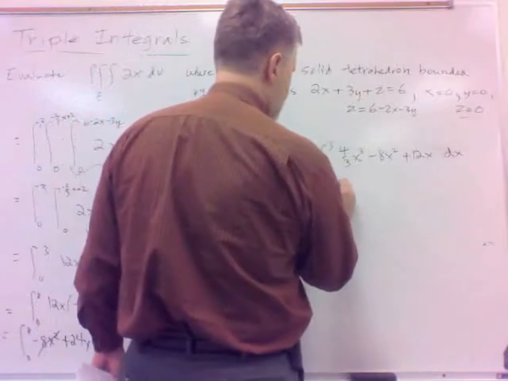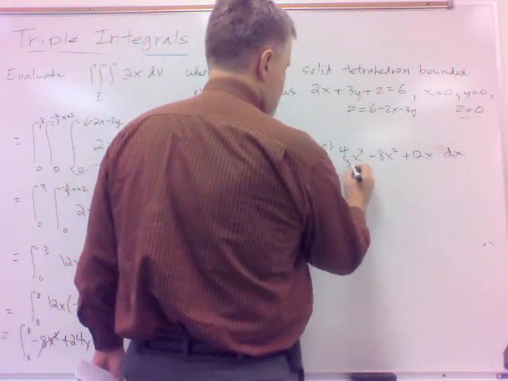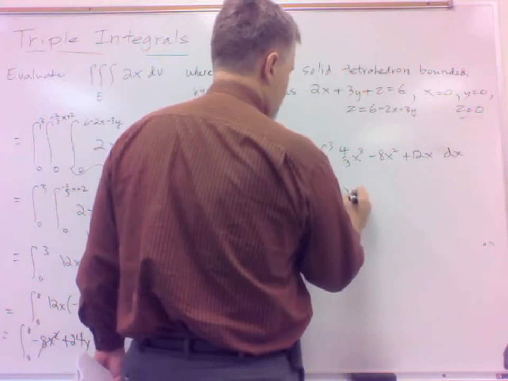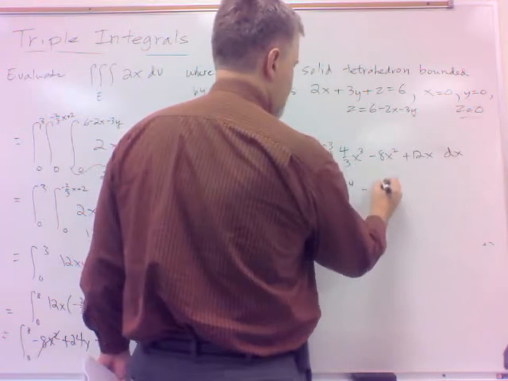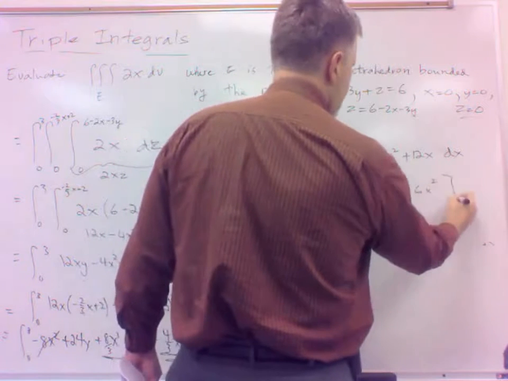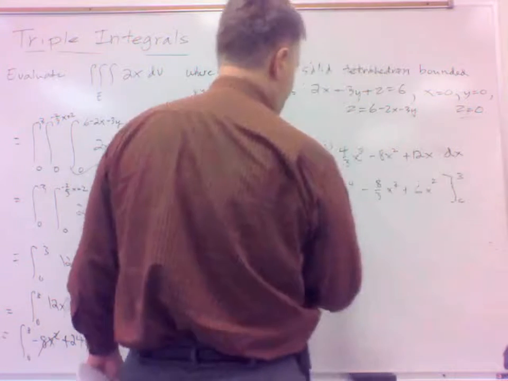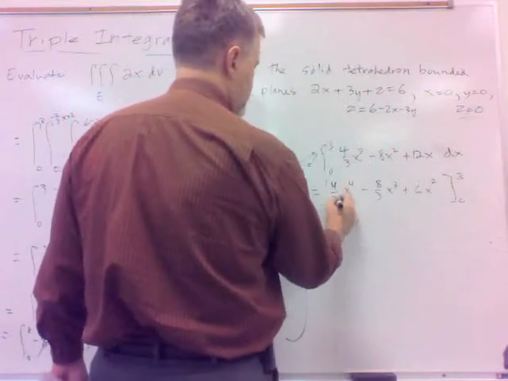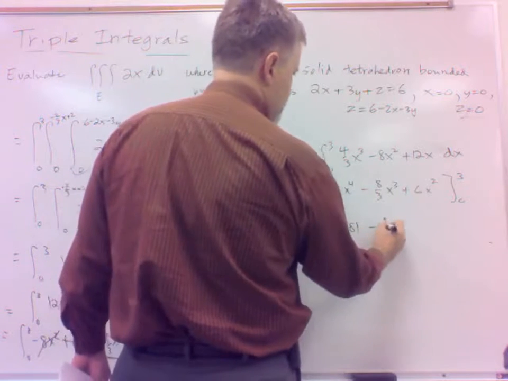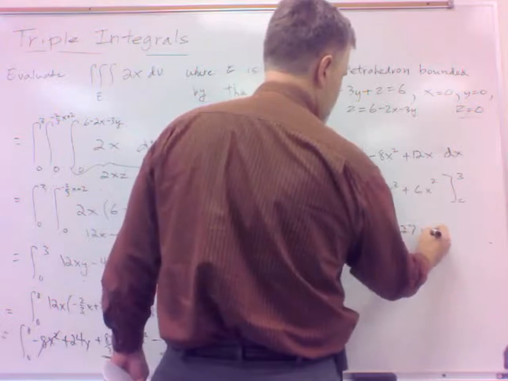So this will be 4/3 times 1/4, so it'll be 4/12 x to the 4th minus 8/3 x to the 3rd plus 6x squared. But I am going from 0 to 3, so that will be 1/3 times 81 minus 8/3 times 27 plus 6 times 9.